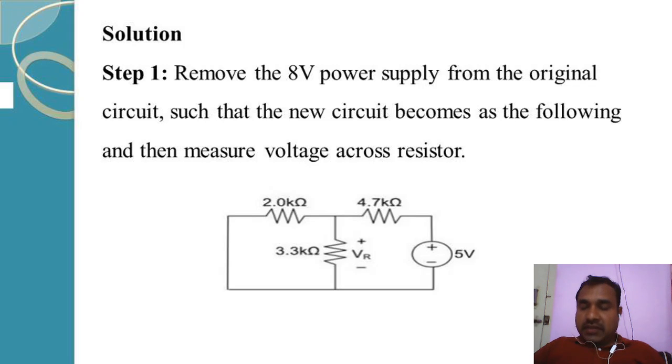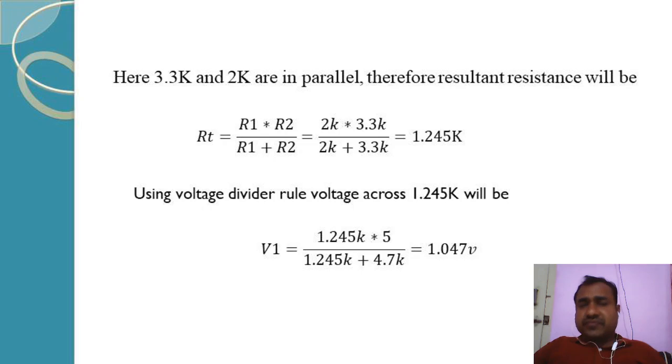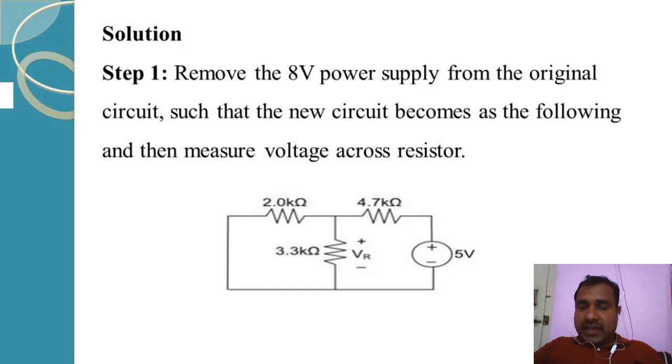The total resistance RT is R1 into R2 divided by R1 plus R2, since those two are parallel. So 2K into 3.3K divided by 2K plus 3.3K is equal to 1.245K. This 1.245K is in series with the 4.7K resistance.